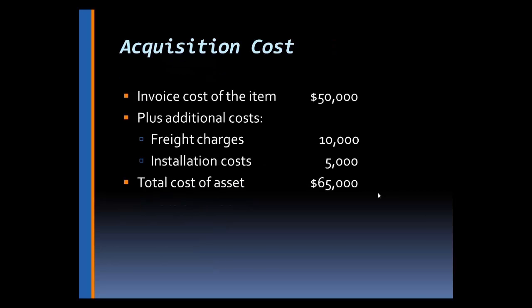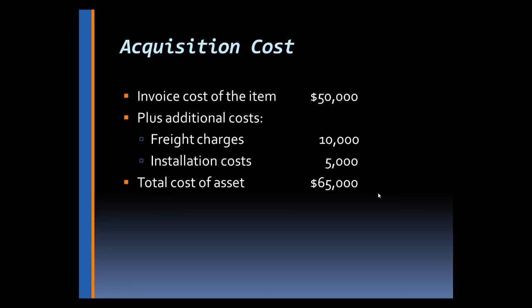Acquisition cost is more than just the invoice cost that we pay for an item. Remember, all assets are booked at their historical cost. So, when we look at the acquisition of an asset, we have the invoice cost plus any costs that are incurred to put the asset in service, such as freight, electricity, consulting, all of those things.